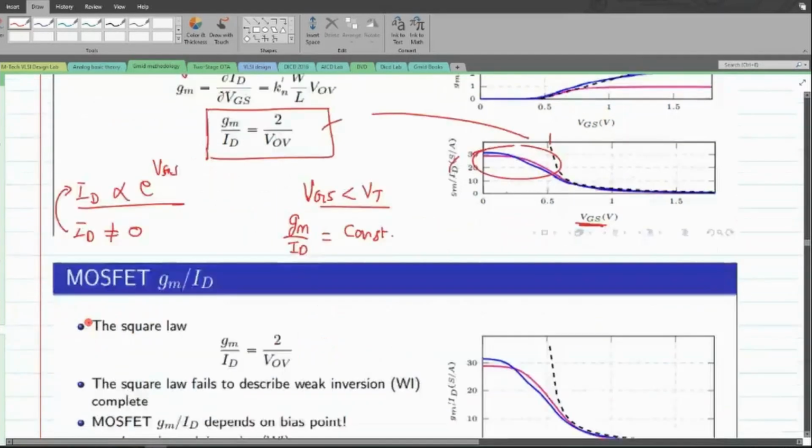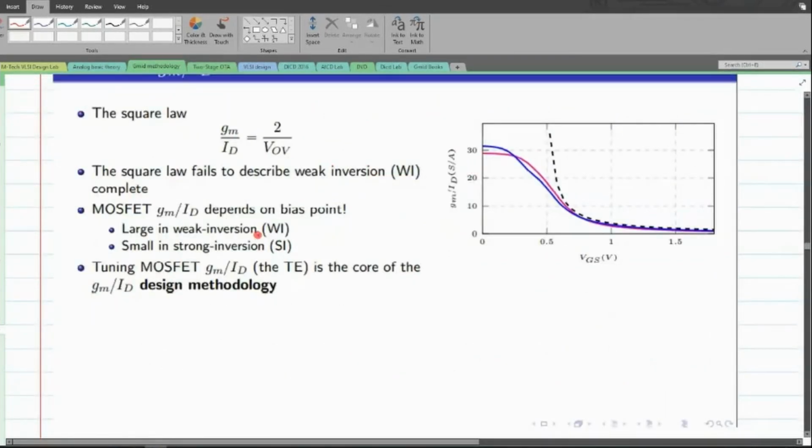As I said, just because we have a constant gm over ID for the value of VGS that is less than the value of VT, I could say that there is a kind of current flowing, and that current is flowing through what is known as the weak inversion region. I hope that you are clear.